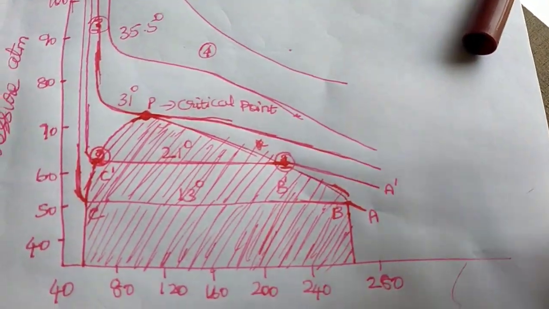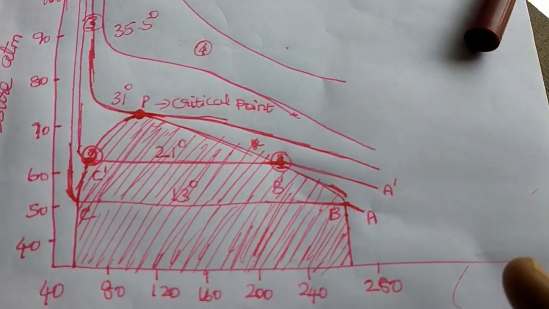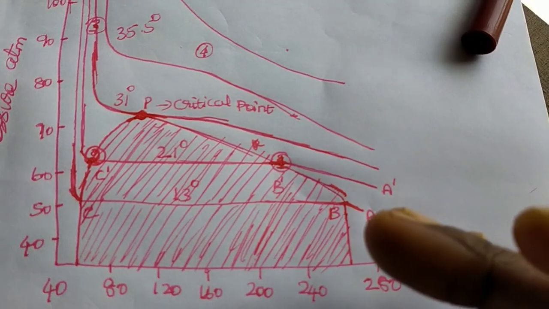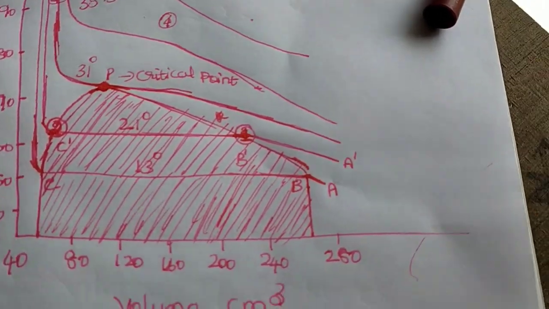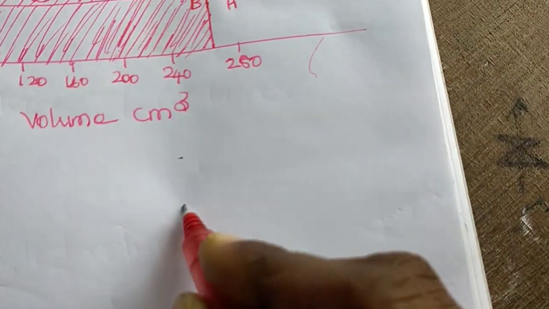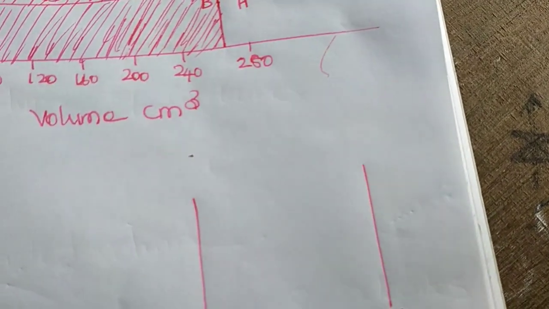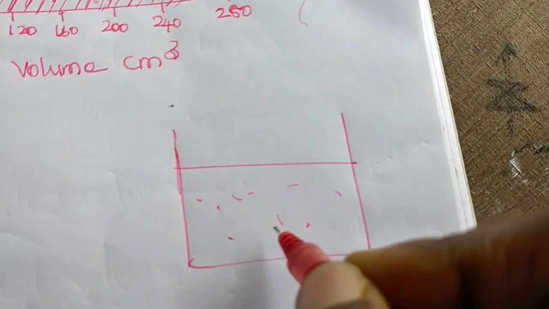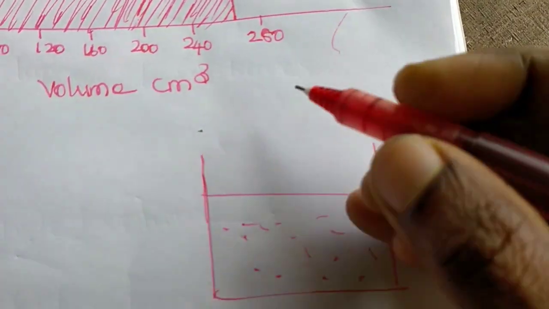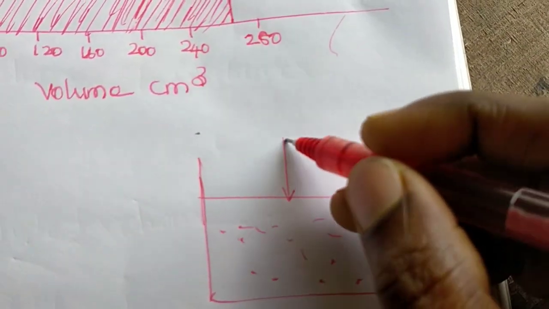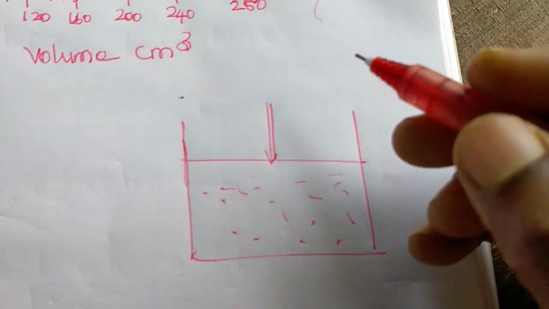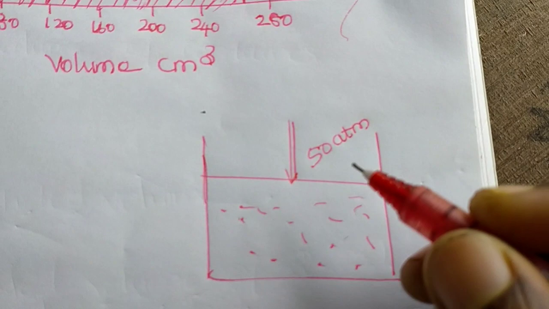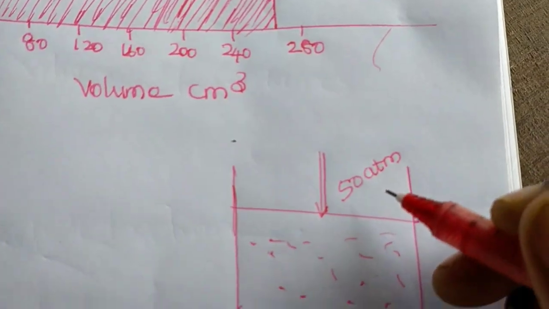This is not the lowest pressure, but we increase some amount of pressure in this system. The vessel contains some amount of carbon dioxide. Now we are increasing the pressure. How much do we increase it? 50 atmospheric pressure or 52 atmospheric pressure.